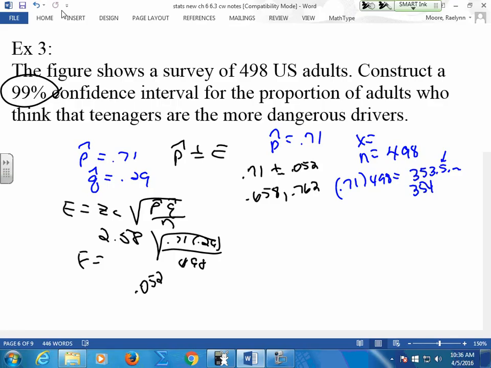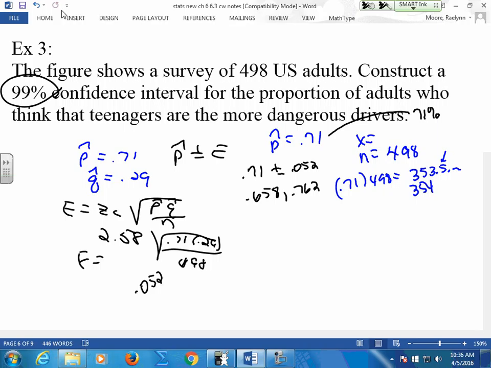Now, when we look at this, we say, here's your proportion, yes, 0.71, but you were telling me that about 71% of adults think teenagers are the most dangerous out of this sample of 498 people. So if I want to know what the whole United States thinks about who's the most dangerous, I'm going to have to say 71% of all U.S. adults think that. Well, for me to hit that exact number, 71, is tough. So I give myself room for error, my margin of error room.